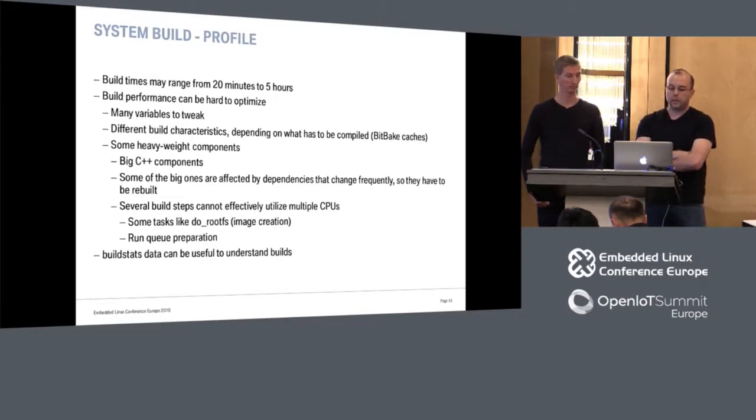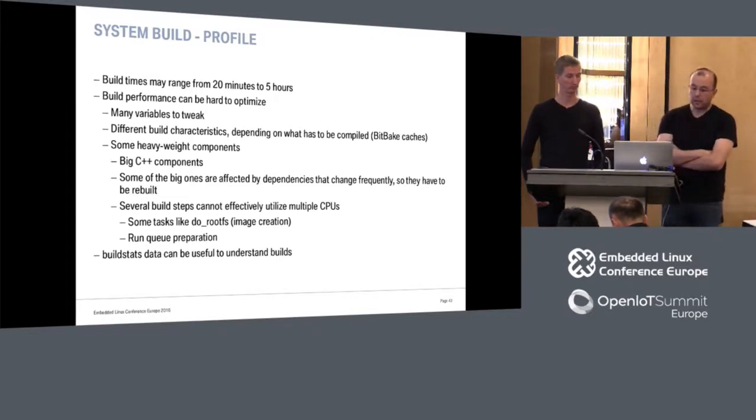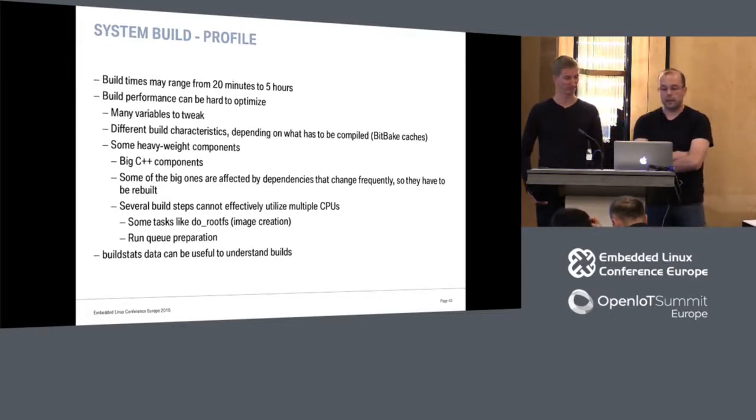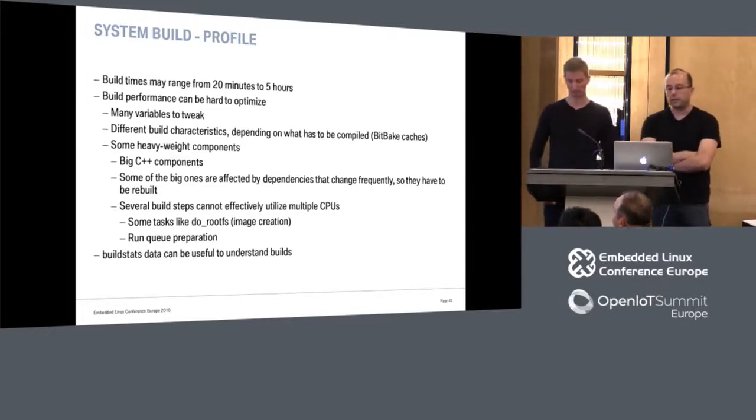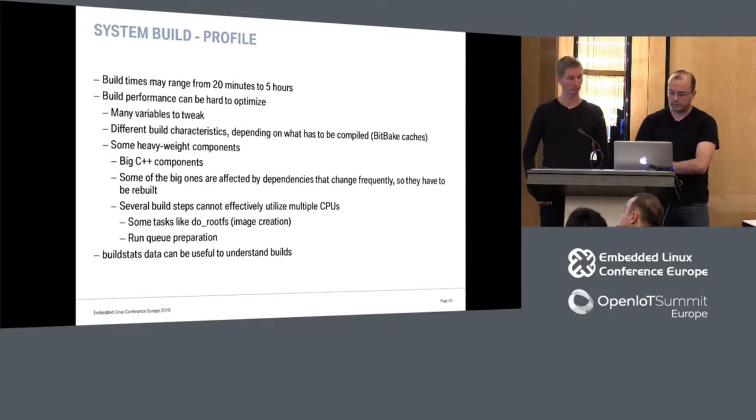And still about performance, in our build profile we have some 9 images at the moment, and they are not parallelizable, so the generation of these images can be a little bit time consuming. To help analyze the profile of our build, the build stats data generated by BitBake has been very useful.